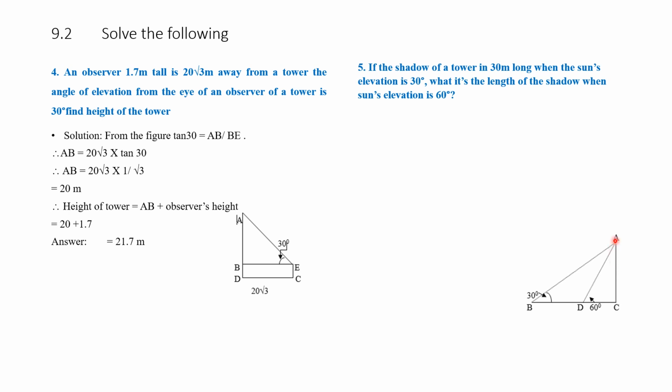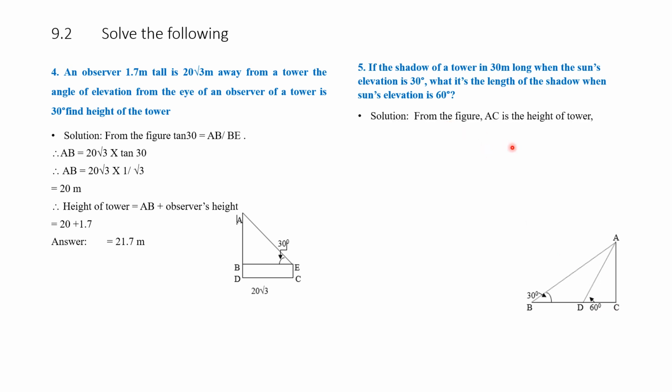The sun is at point A and he has given 30 degrees. This AC is the tower, and the shadow is falling here at 30 degrees. We have to find the length of the shadow when the sun's angle of elevation is 60 degrees. As the sun goes up, the shadow shrinks. That's here, okay, 60 degrees. We have to find it.